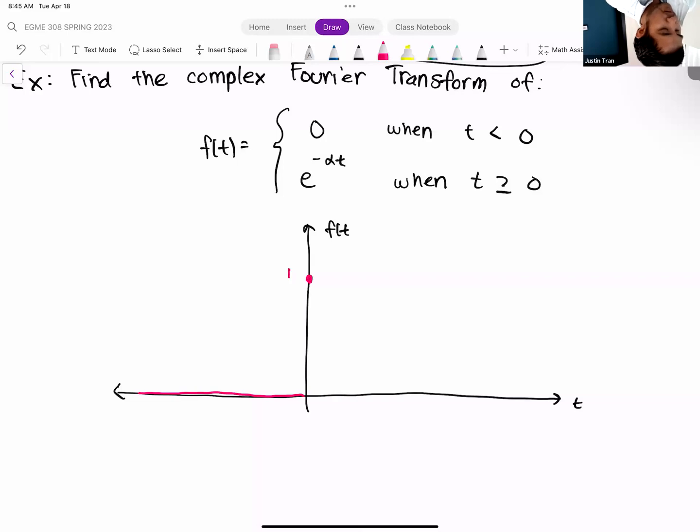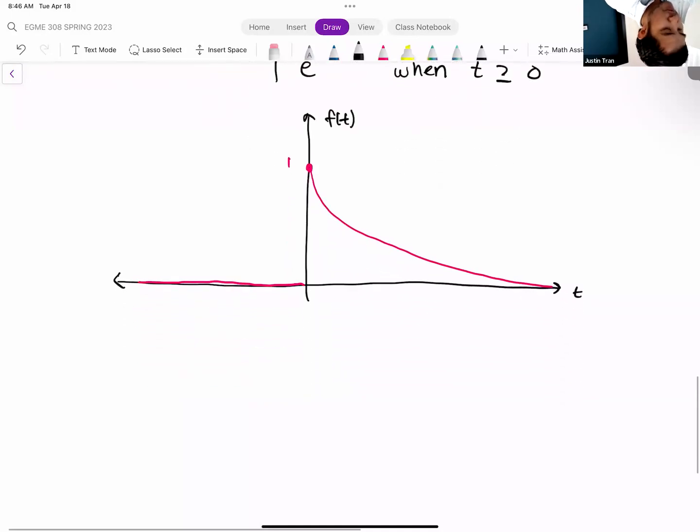We have a value of 1 here, and a decaying exponential just like that. And so what we want to do is find the complex Fourier transform of this function. So all we have to do is plug in.